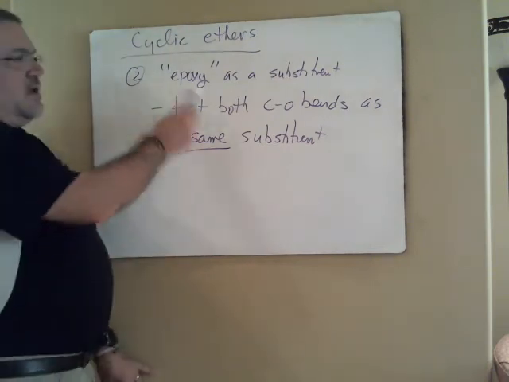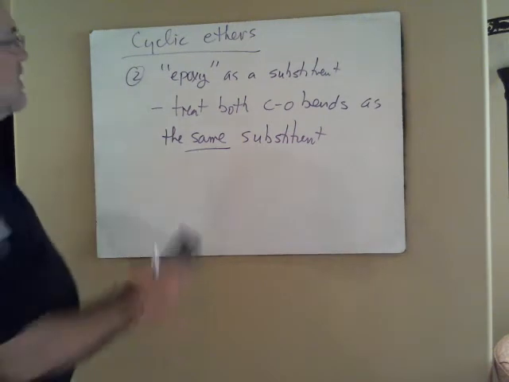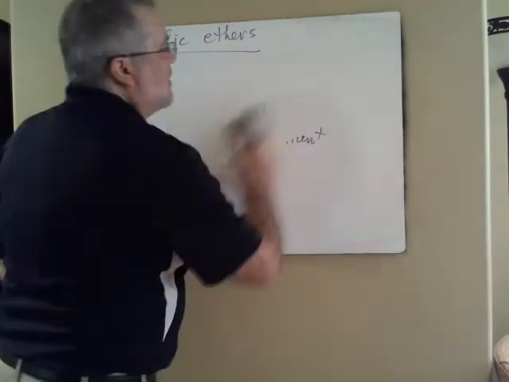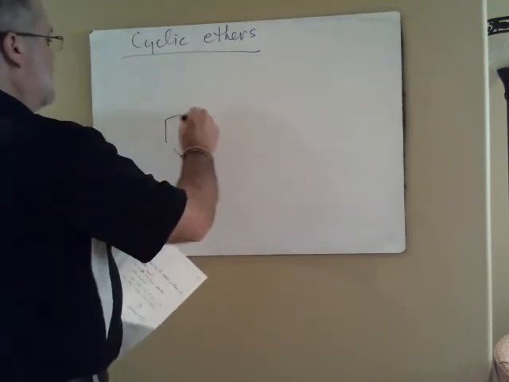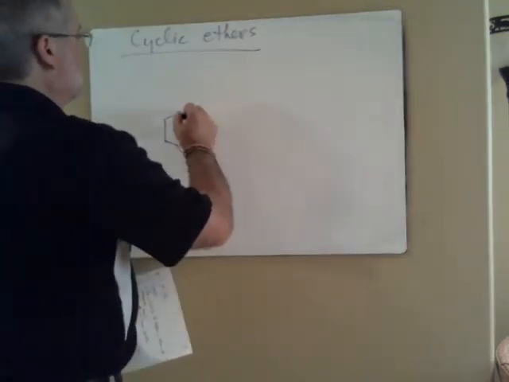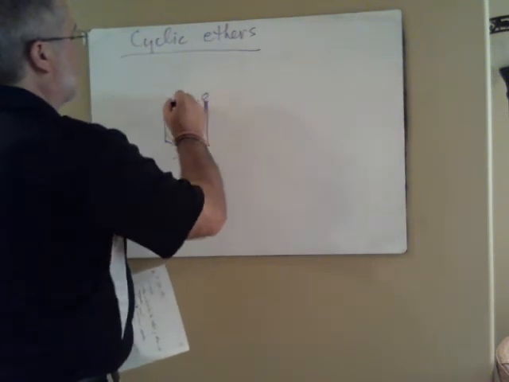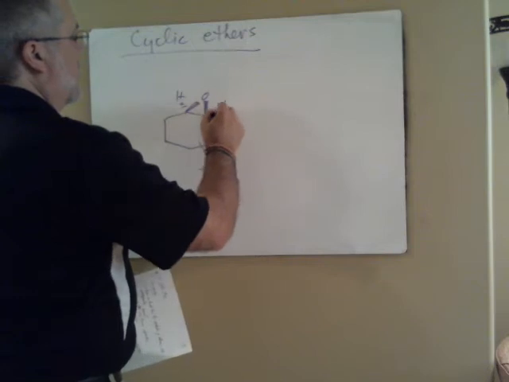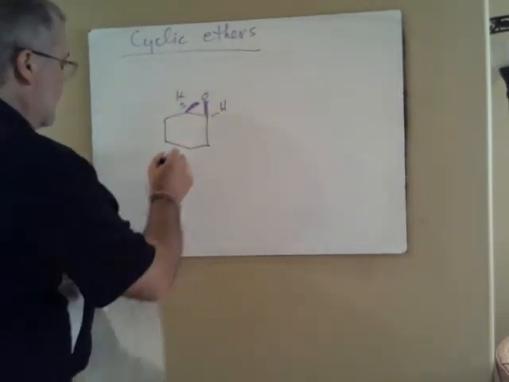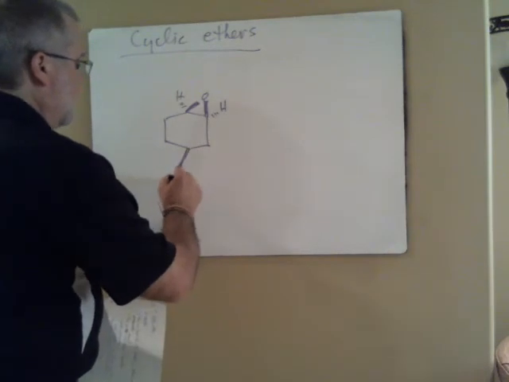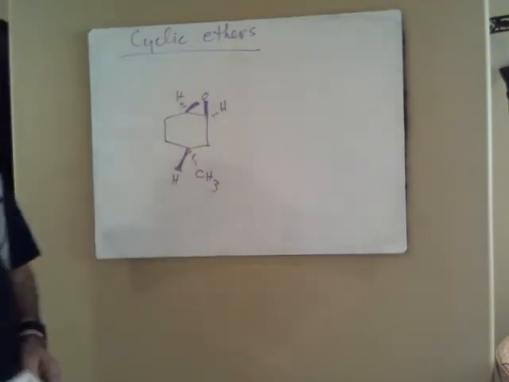So, commit this to memory, of course, but you really need an example to see exactly what I mean here. So let's look at the example. Let's say you have this epoxide. And I'm putting in the H's on these carbons just for clarity when you're looking at it for the first time, so you can make sure that the stereochemistry is how you want it. And then I'm going to put in a substituent down here, and let's just make it a methyl for fun. Okay?